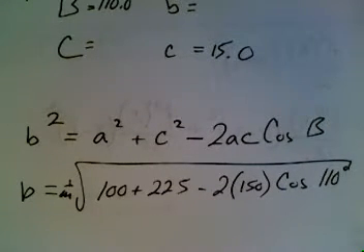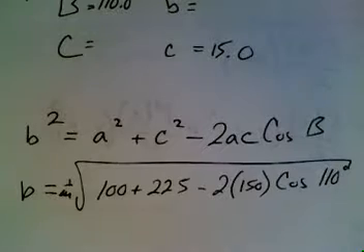Now, I'm going to go ahead and do all this math. I'll grab my calculator for the cosine of 110 degrees because that's not one of those nice ones that we know. We can do all the basic math, the 100 plus 225, the 150 times 2, but we might as well just go ahead and type it all into the calculator right off the bat.